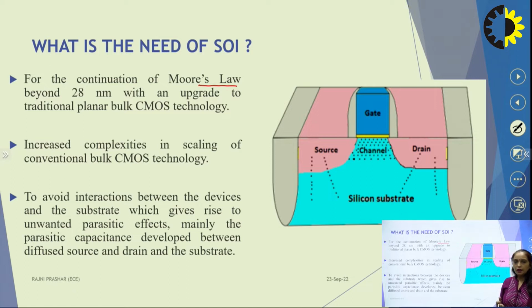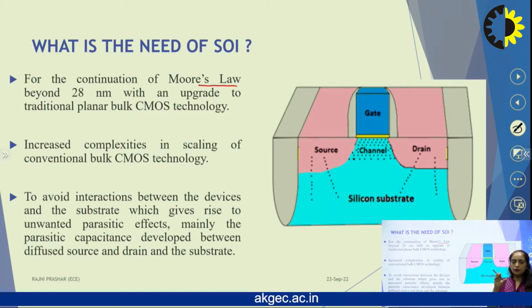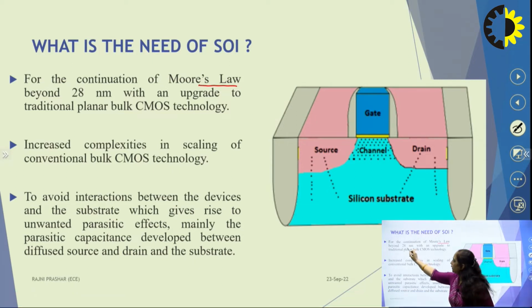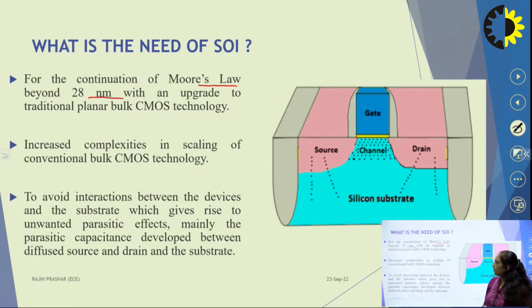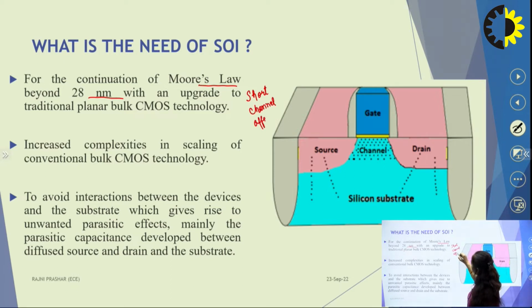When we go beyond the 28 nanometer technology, with an upgrade to traditional planar bulk CMOS technology, there are a number of effects that come into the picture, known as short channel effects.